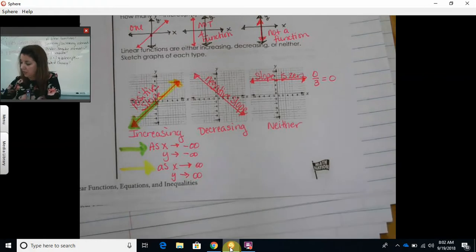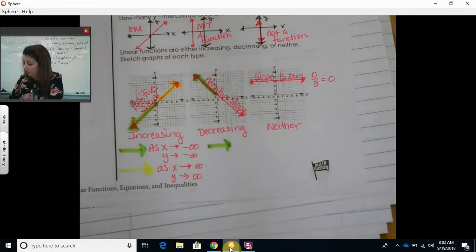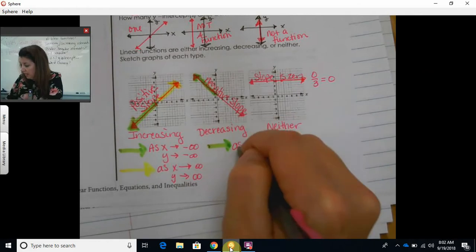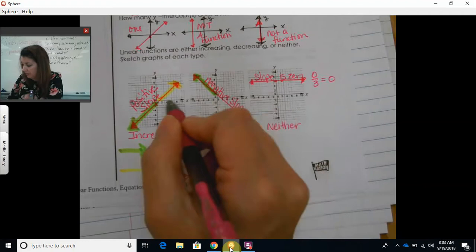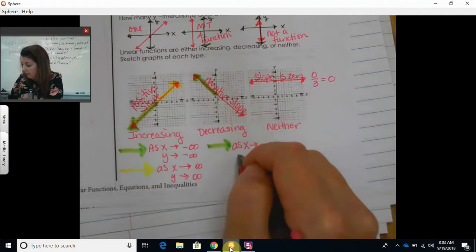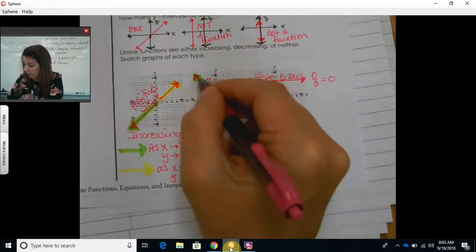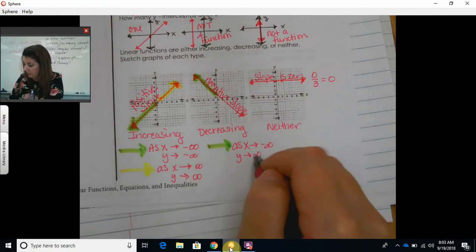For decreasing, let's describe the left side of the graph first. Doing a little color coordinating here. So on the left side, what I highlighted green, x is approaching what? Where's my x approaching on this side of the graph? Negative infinity. And y is approaching where? Where your y is going? Positive infinity.